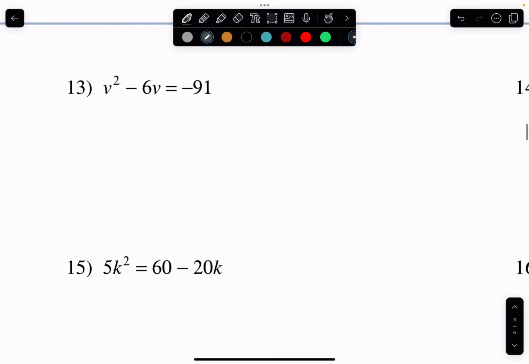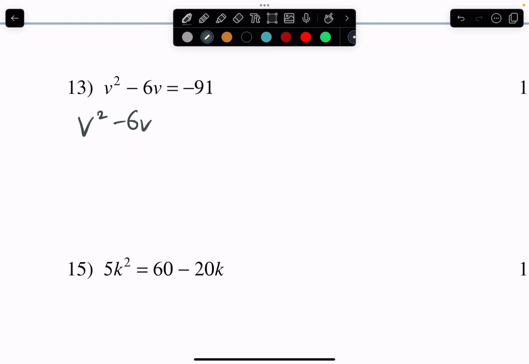Let's try this. Negative 6 raised to 2 is equal to 36.